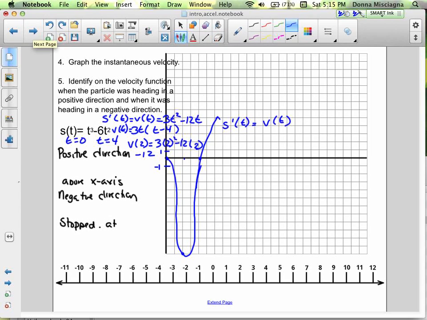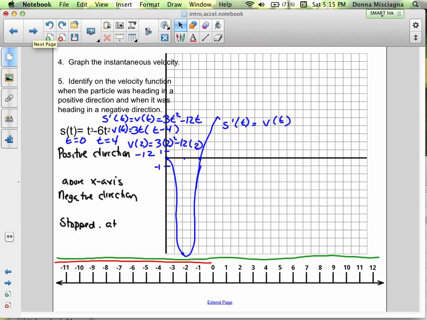Here we can see when we're moving in a positive direction. And we can probably clarify our graph on the other page. Actually, we'll use the number line. So we're moving in a negative direction at first, so we move 12 to the left, and then we move forever to the right.